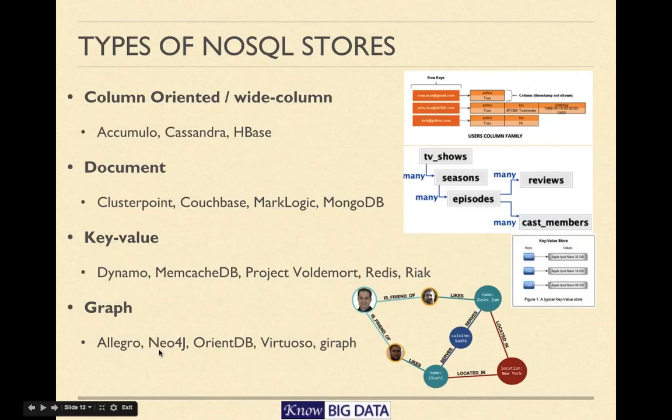So you have Allegro, Neo4j, and ObjectDB, and so on, specifically Giraph.